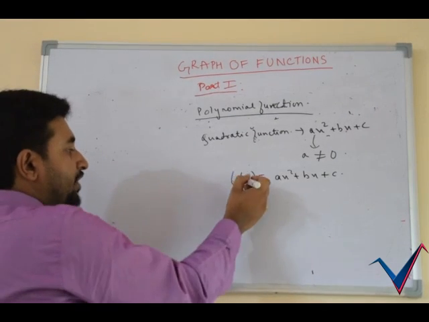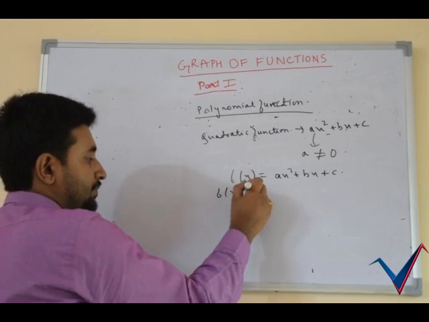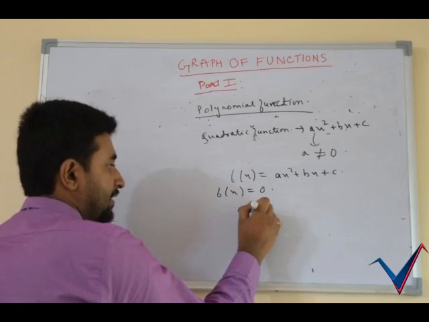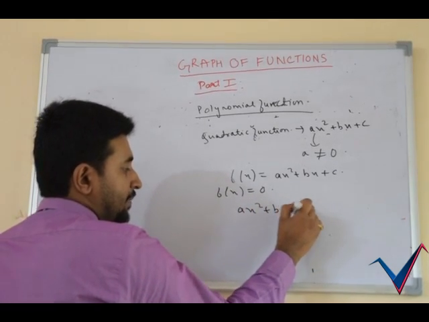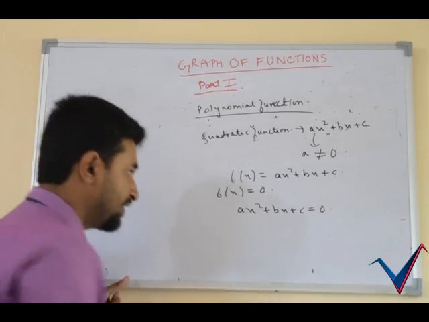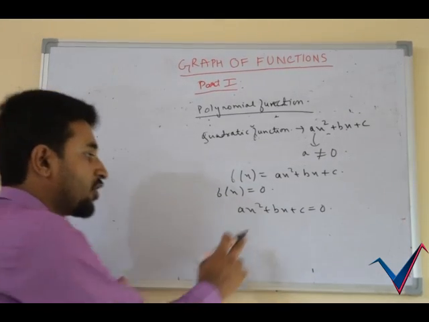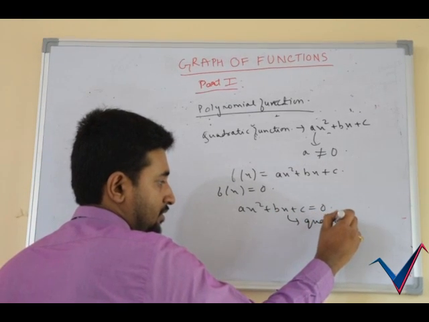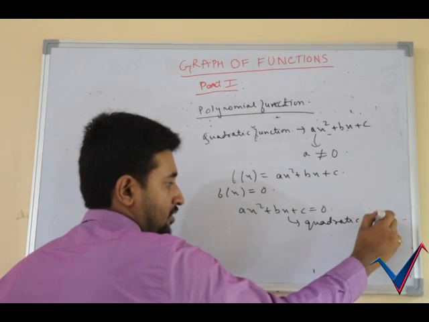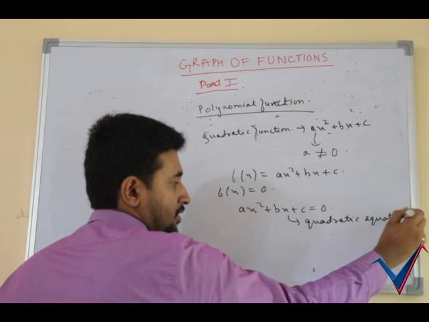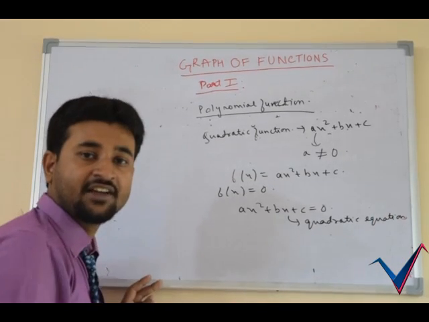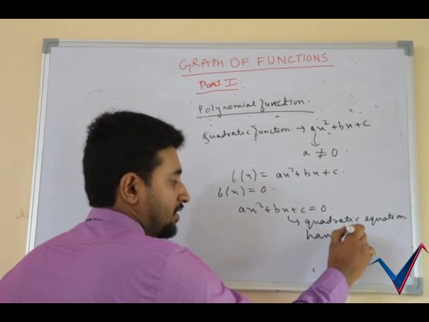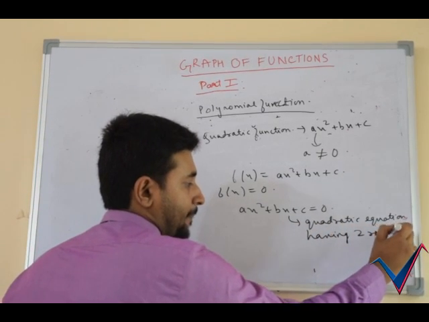If you put f of x equal to 0, what do you get here? ax square plus bx plus c is equal to 0. This you might know, this is a quadratic equation, and a quadratic equation has 2 roots.